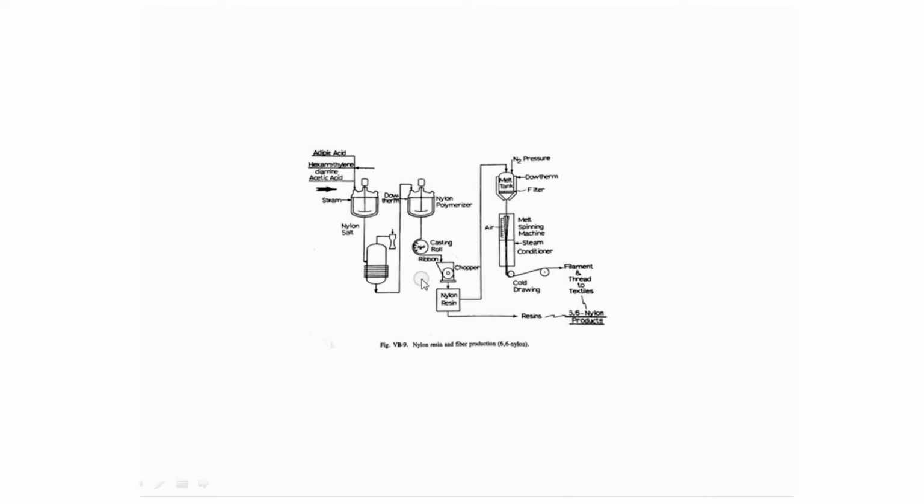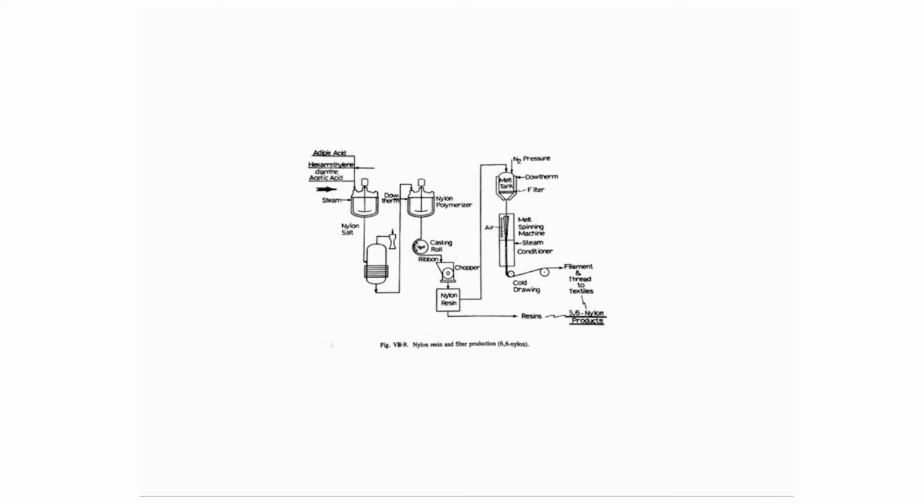As it rotates to the other side after drying, a ribbon is obtained, and this continuously obtained ribbon can be sent to a rotary knife cutter, or chopper. From there it is sent to the nylon storage, and from here we go for marketing.